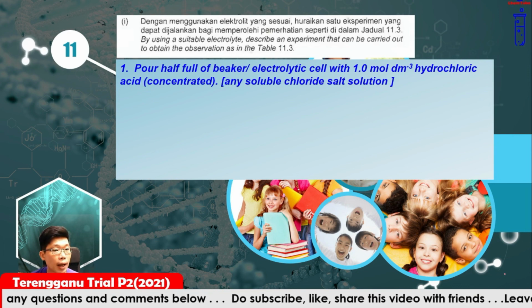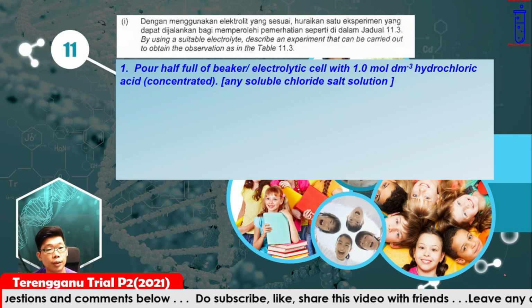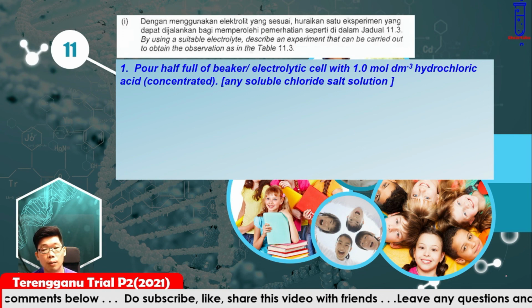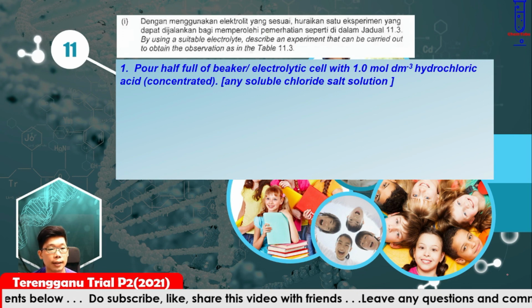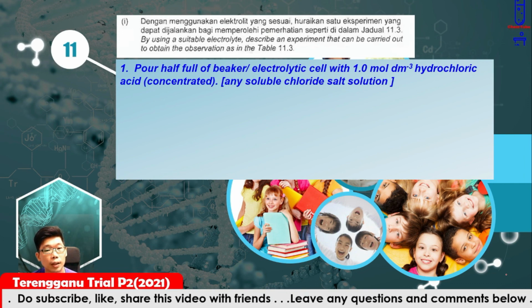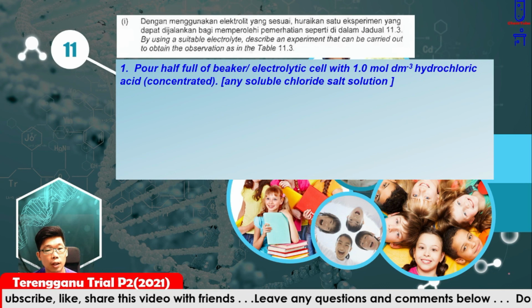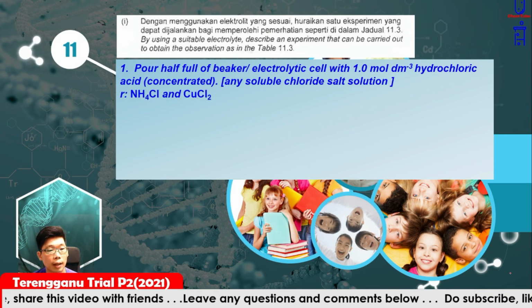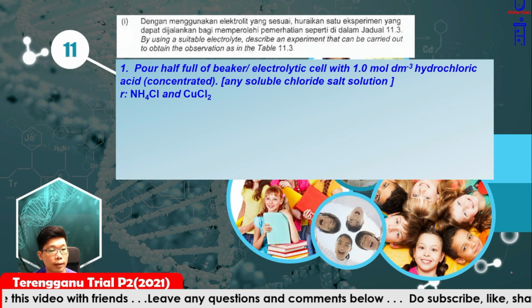So pour the beaker or electrolytic cell until half full with 1 mole per cubic decimeter hydrochloric acid, or concentrated hydrochloric acid. Any suitable soluble chloride salt solution can also be accepted, but reject ammonium chloride or copper(II) chloride.